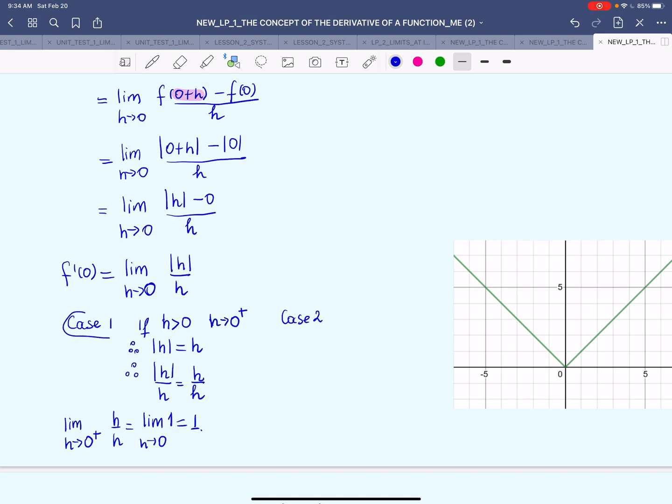Case 2 scenario is if h is a negative number. If h is a negative number, it means that the h values will approach 0, the point where we're evaluating the limit, from the left-hand side. And the absolute value of h will equal, remember this is the absolute value of a negative number, the opposite of that negative number.